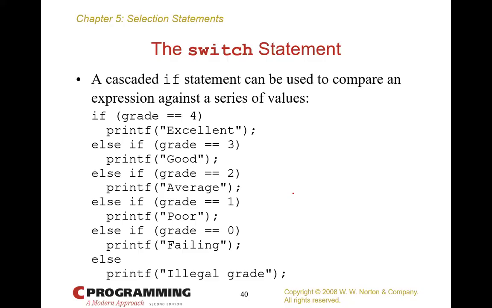In our previous examples, we have done the case of if and else, a cascaded if statement. So we have done if and else, and then under the else, we have another if. We have done this several times. But we can make use of something else called the switch.